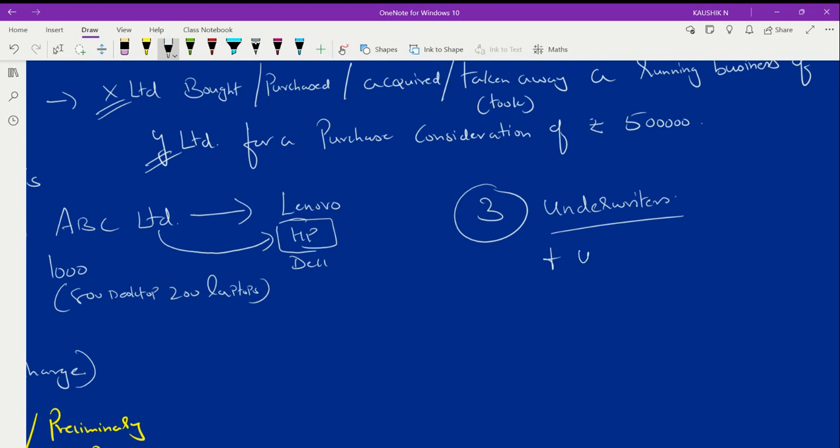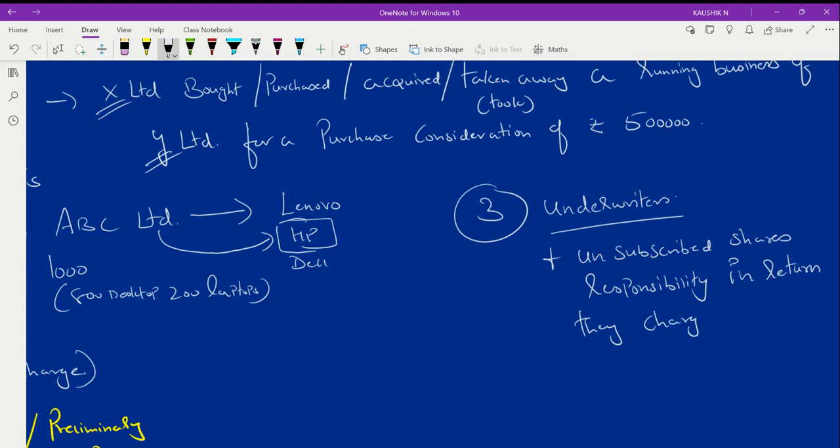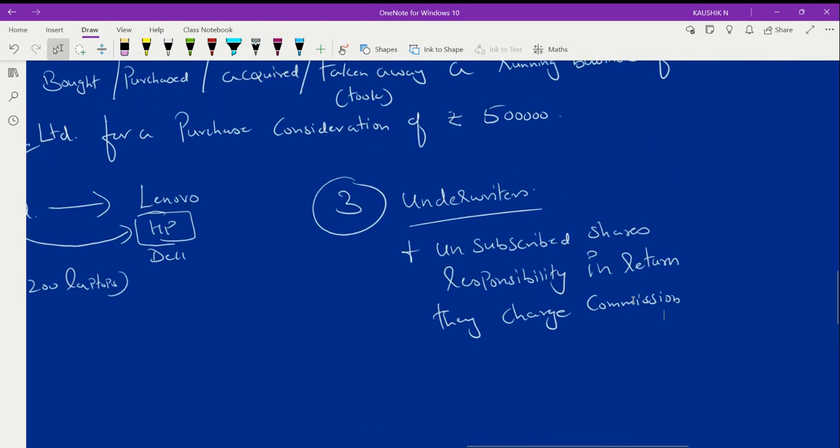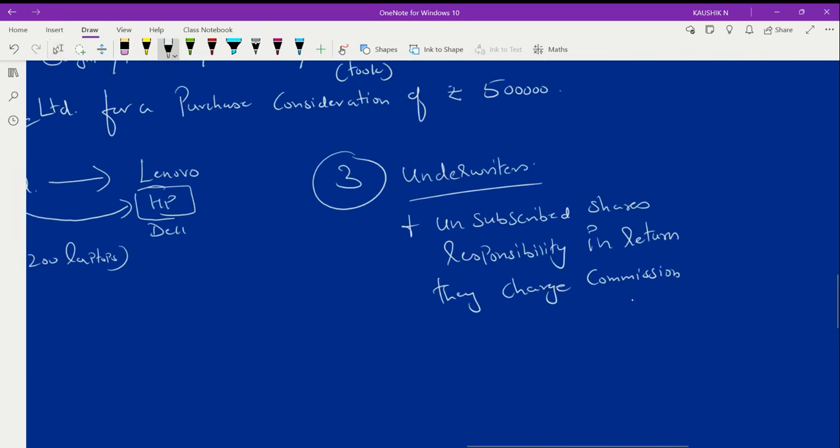So in return they charge commission, and this commission is called underwriters commission. Okay, so this is the concept. They charge commission called underwriters commission.